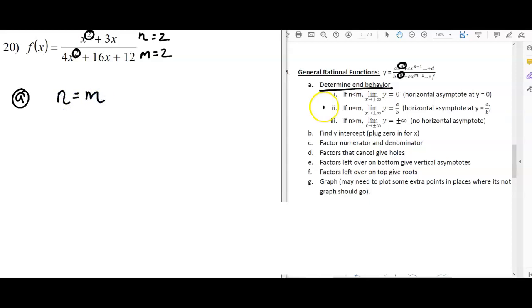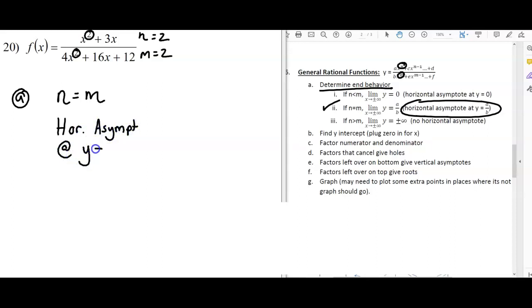And that means we are in this situation right here, which means I have a horizontal asymptote at y equals a over b. Now, what are a and b? A and b are the very first numbers, the coefficients. So that would be 1 and 4. So I have a horizontal asymptote at y equals 1/4.